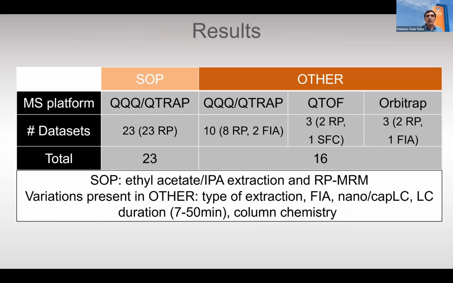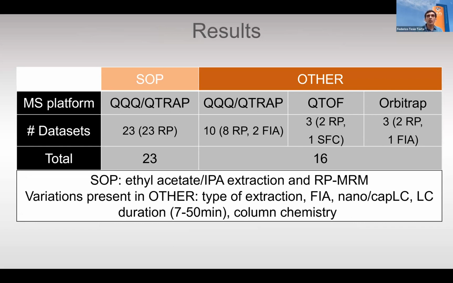So now finally I can show you some results. We received a total of 39 data sets. The majority used the standard methods, the SOP, but quite a good number also used a different preferred method, which was great for our comparisons.